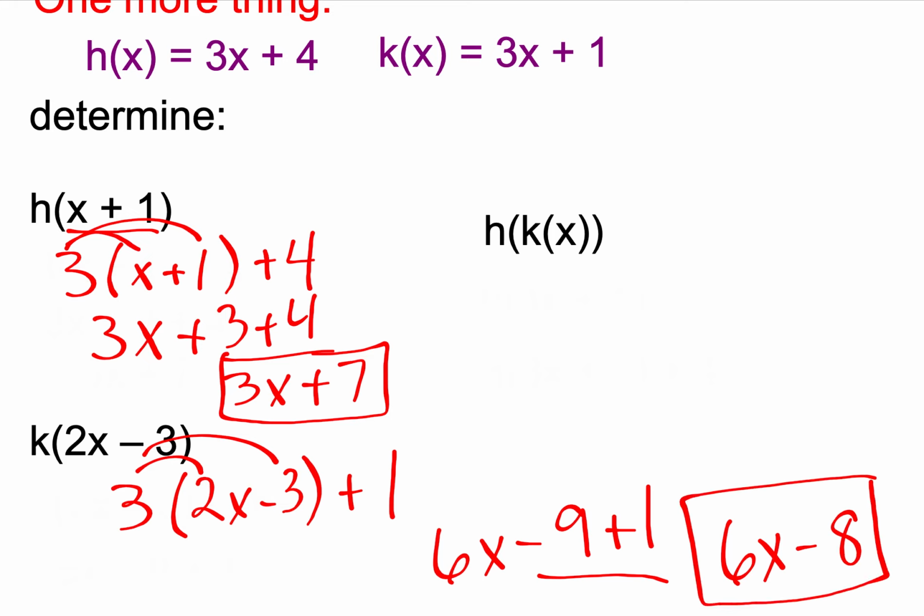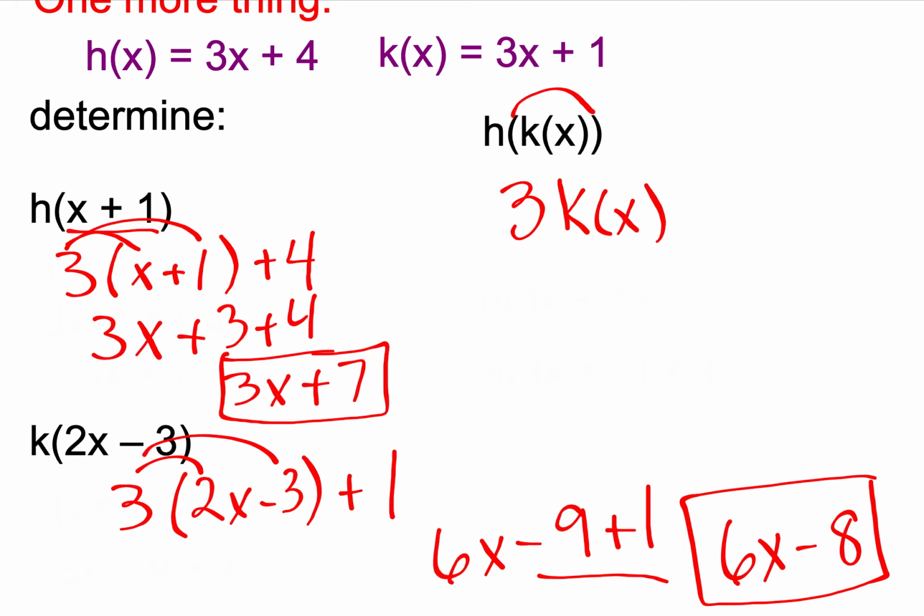Okay, this last one has us do what's called a composition, which you should learn about later in your math schooling. But what we're going to do is take the h function and plug k of x into it. So h of x is 3x plus 4, but we're going to plug in k of x.